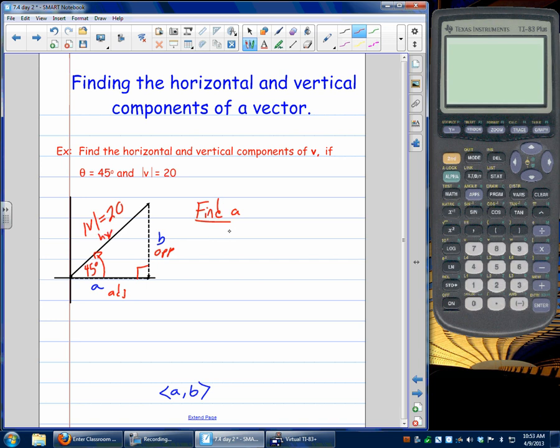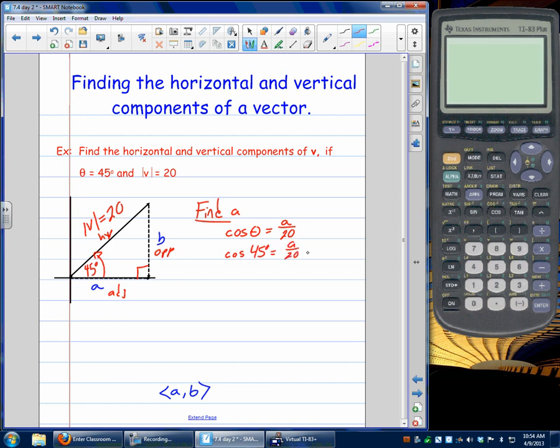That's going to be our cosine function. So we could set this up: cosine of theta equals the adjacent side, which we're calling A here, divided by the hypotenuse, which is 20. Cosine 45 is A over 20.